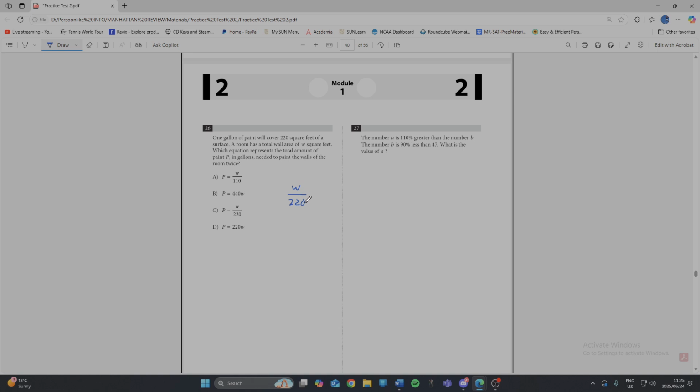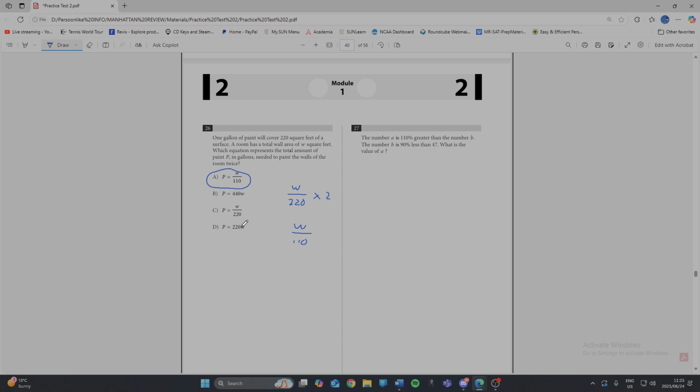But if we want to paint the walls of the room twice, we would have to use twice as much paint, right? Because we're going over the walls twice. So this 2 over 220 would make the denominator 110. So we would actually have W over 110, which would give us A. So A would be the answer there.